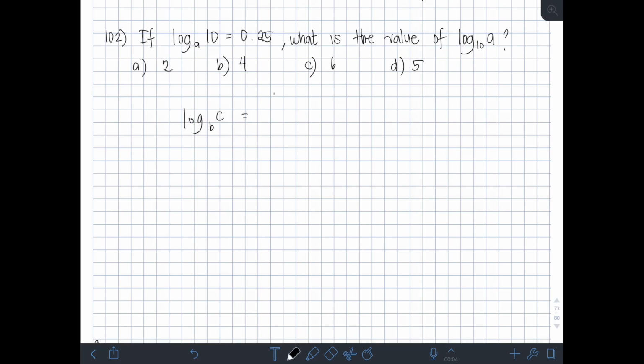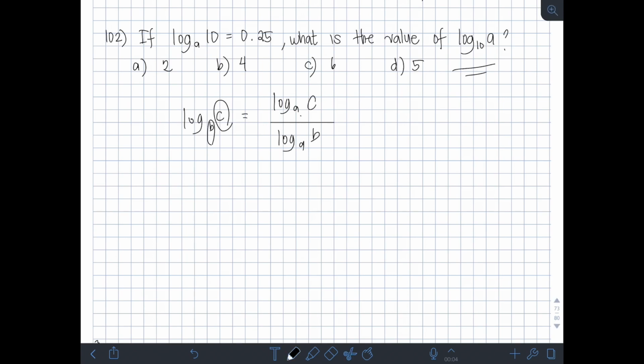So, let's say gamit tayo ng bagong base, kahit anong variable, let's say A. So, magiging fraction siya. Yung sa numerator is yung logarithm nung power natin na C with the new base A over logarithm naman nung base natin na B with the new base A. So, pwede natin gamitin yun dito.